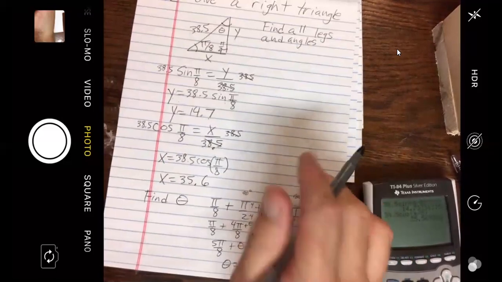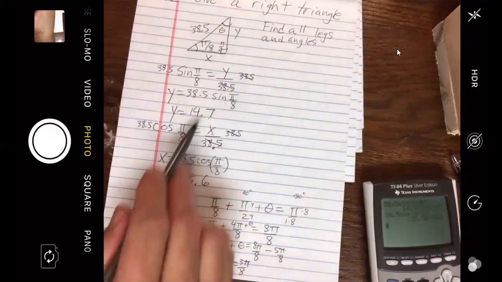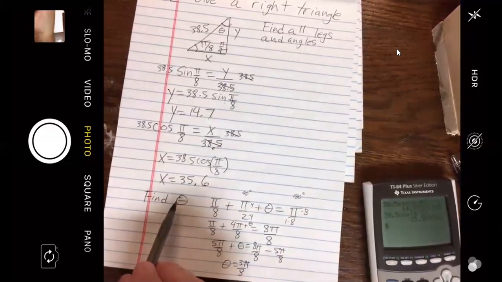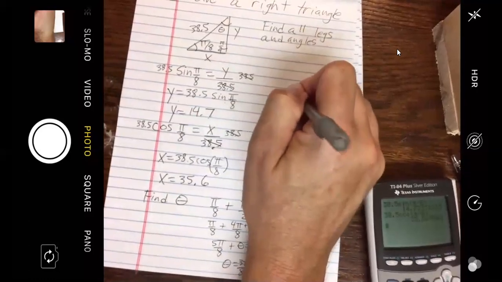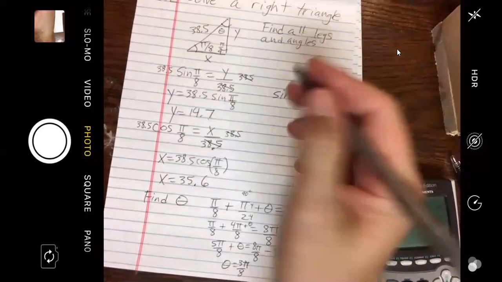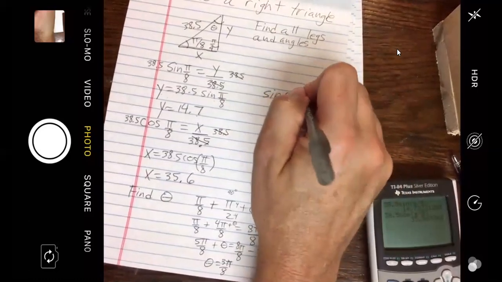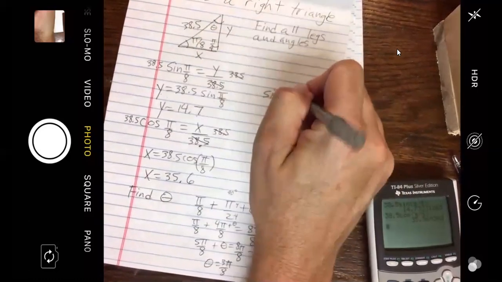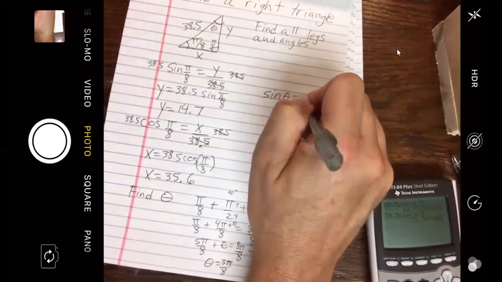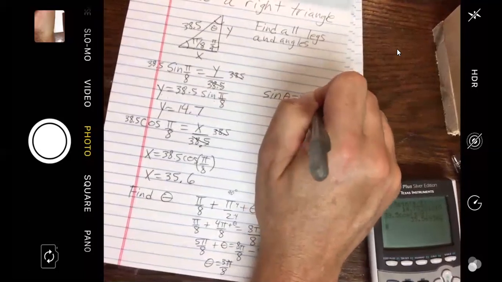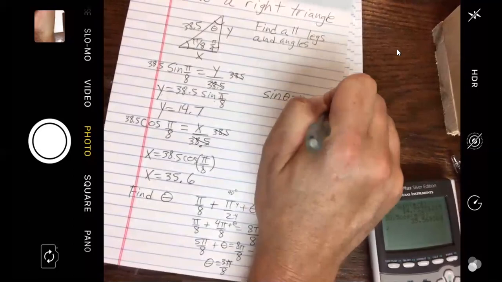Well, you can use either one of these, given what you know. So if you want to use sine theta, this is kind of a preview of the next section, next week. You'd have opposite 35.6 over hypotenuse 38.5.